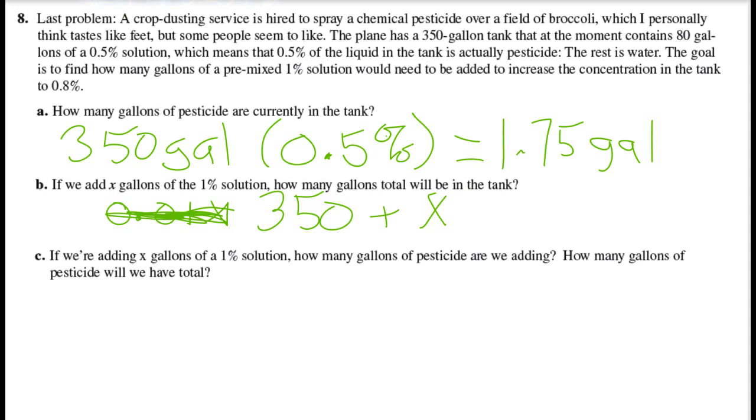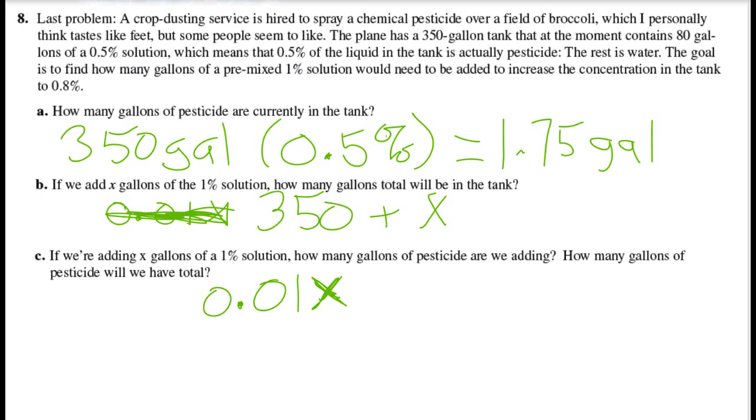So question C. Question C is actually what I was trying to do before. So go ahead and do question C and then come back to the video. So if we're adding X gallons of 1% solution, how many gallons of the pesticide are we adding? That's where we add our 0.01x. Tells us how many gallons of the pesticide we're adding.